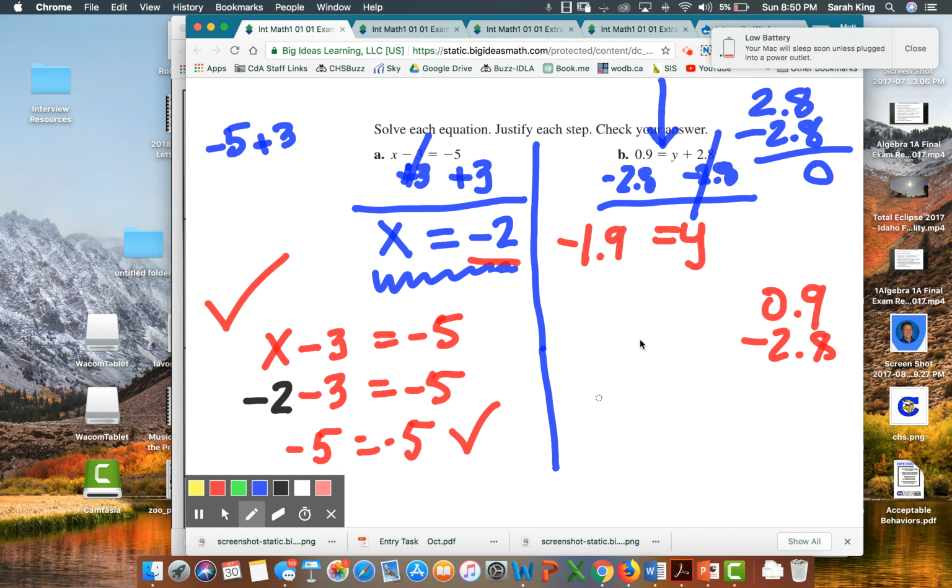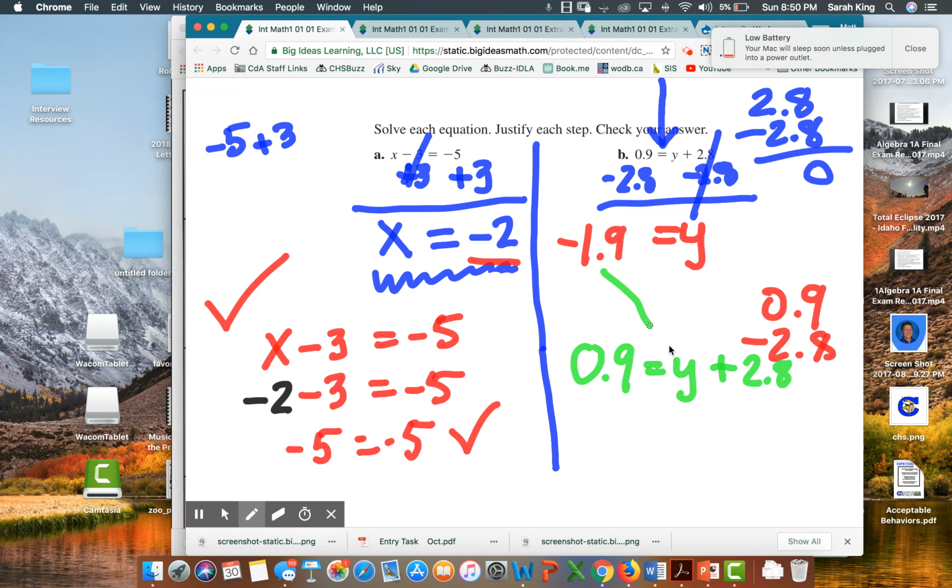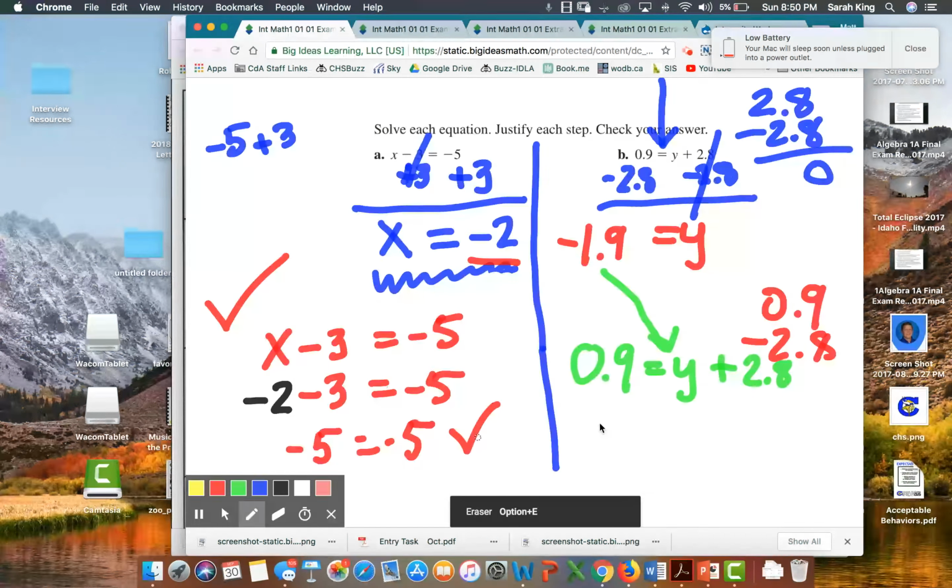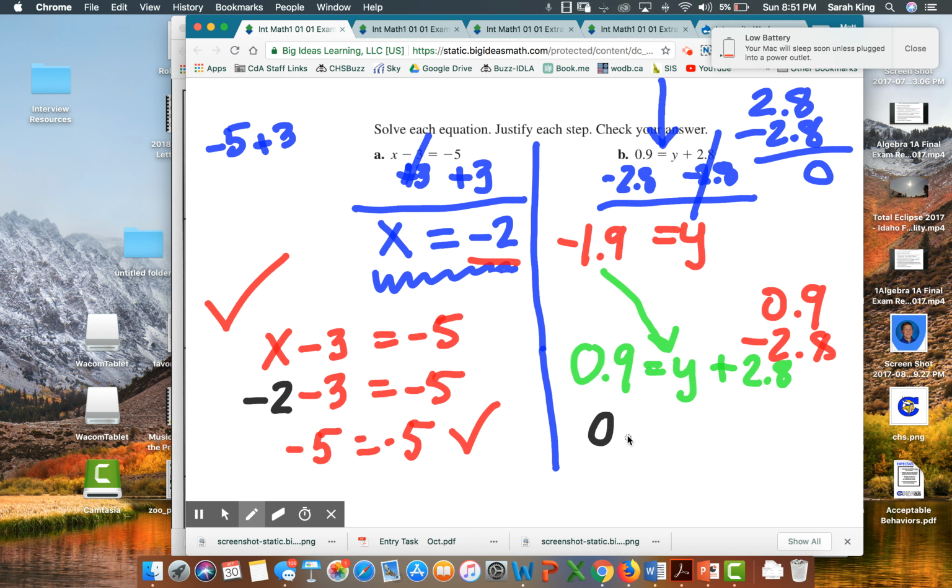I'm going to plug that into the original equation. My original is 0.9 equals y plus 2.8. Where do I plug my value in? This value goes into that location. Then I rewrite it: 0.9 equals negative 1.9 plus 2.8.